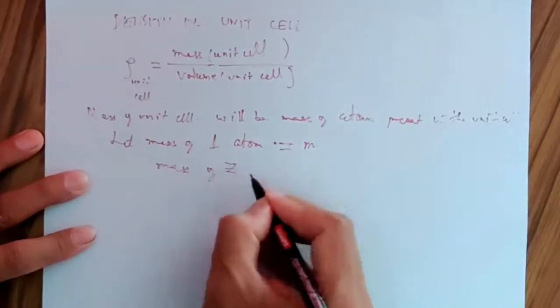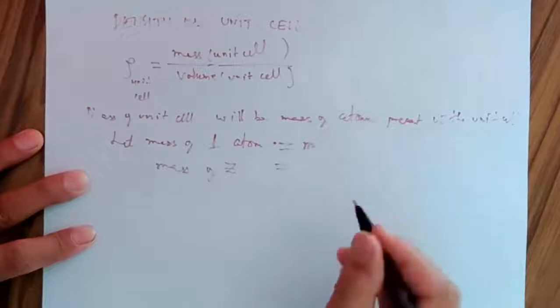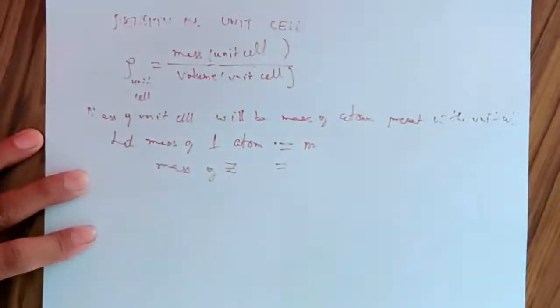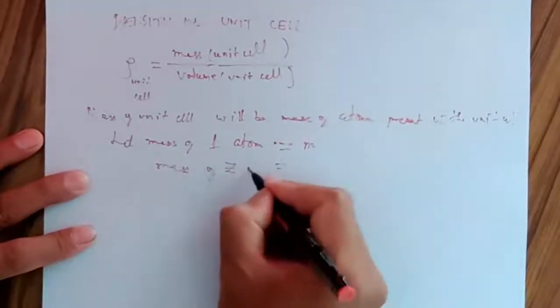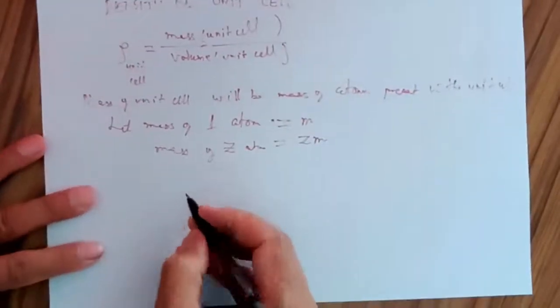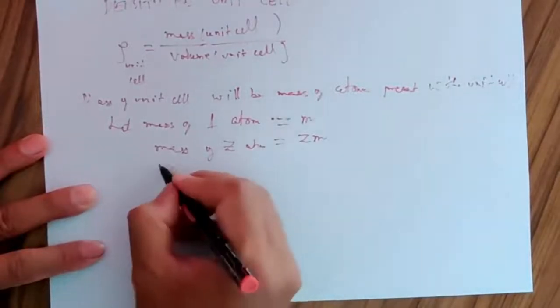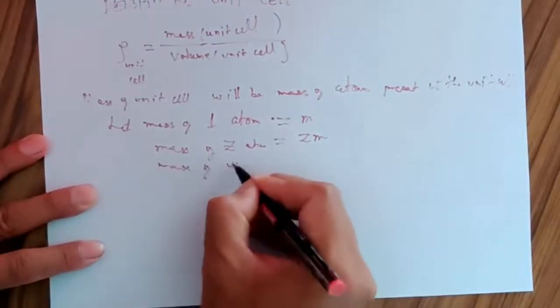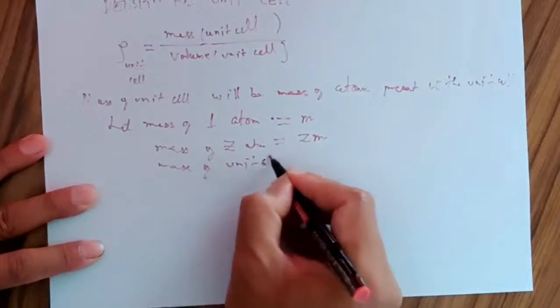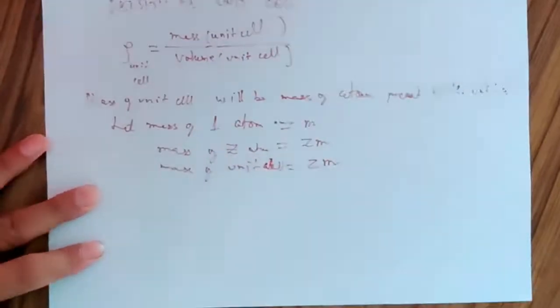We have Z atoms in the case of SC, BCC and FCC, so the mass of Z atoms is Z into m. So mass of unit cell is equal to Zm.